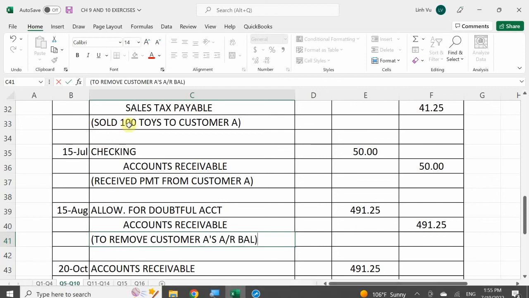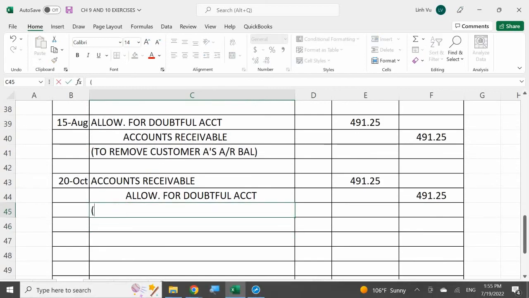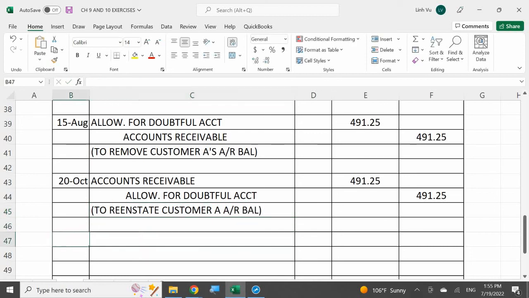Okay, and then I'll just use your words, right, to reinstate customer A's accounts receivable balance. And then you're going to record the payment that you received.